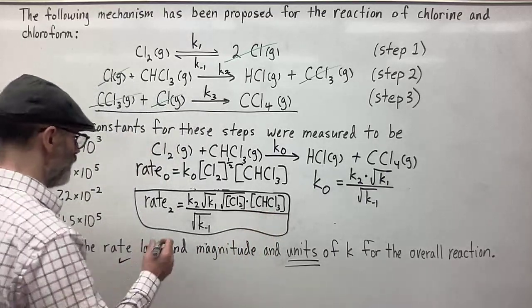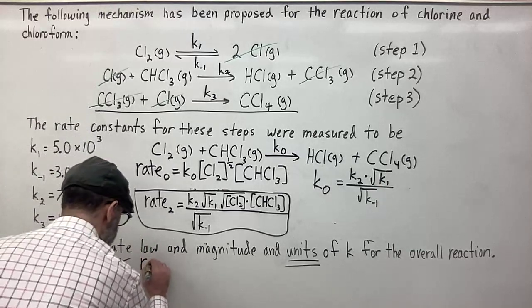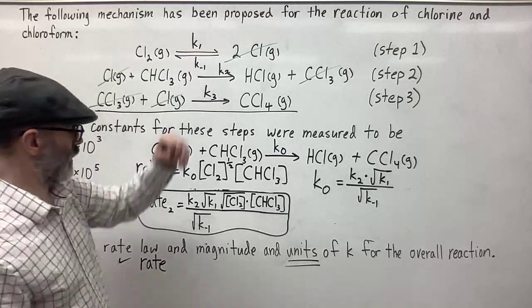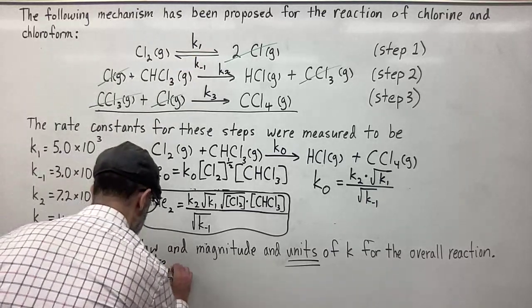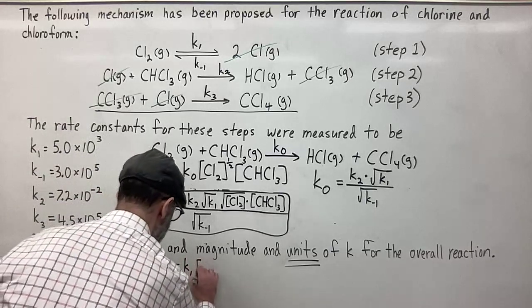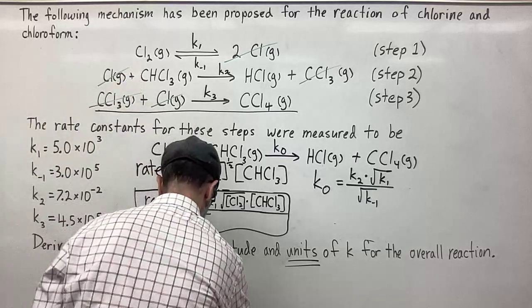So remember, we said that we have the rate law of the forward reaction here. So remember, that's rate 1 equal to K1 times the concentration of Cl2.